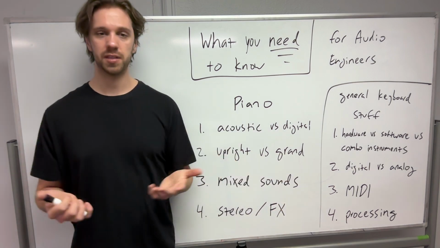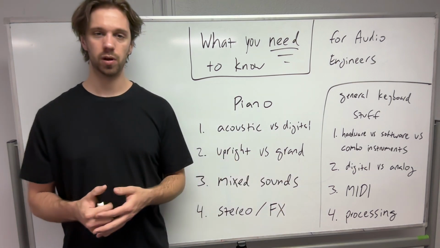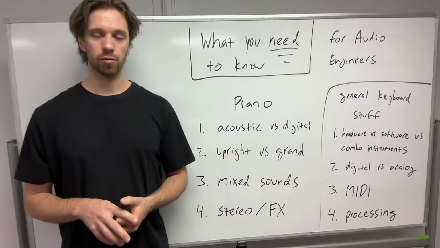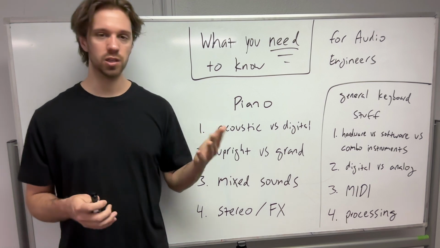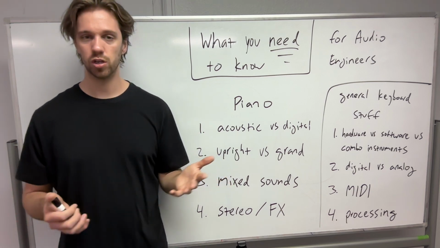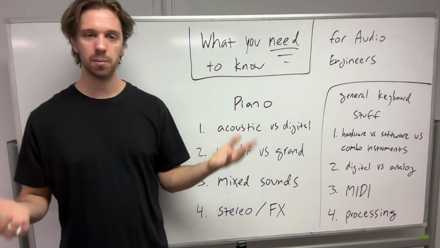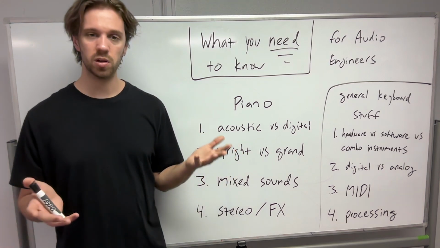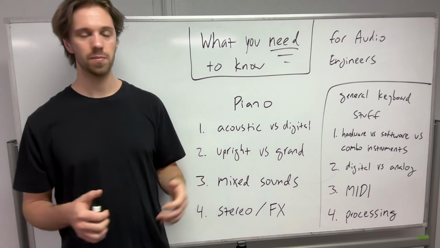Lastly, the processing that a keyboard instrument will go through, it's all the same as what a guitar might go through. We have effects, modulation, delay, reverb, maybe some distortion, maybe some compression, any number of effects that you can apply to any instrument, piano or guitar on stage.